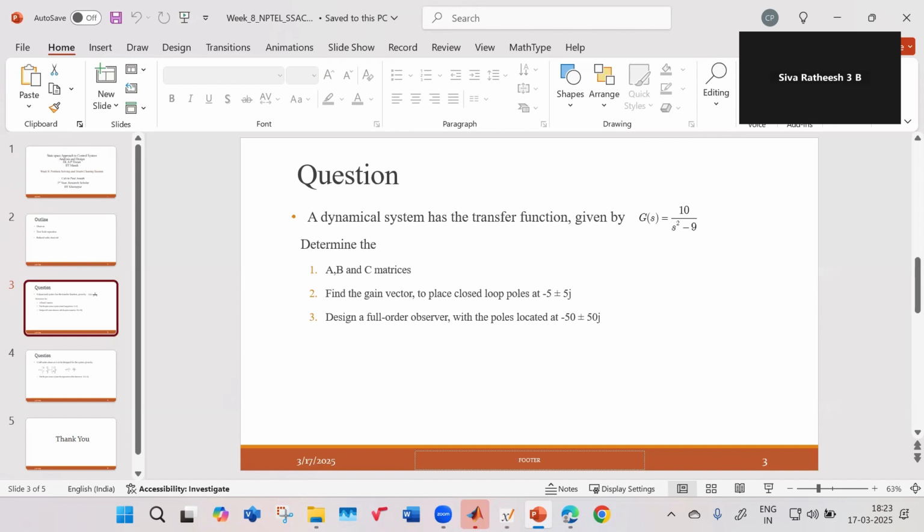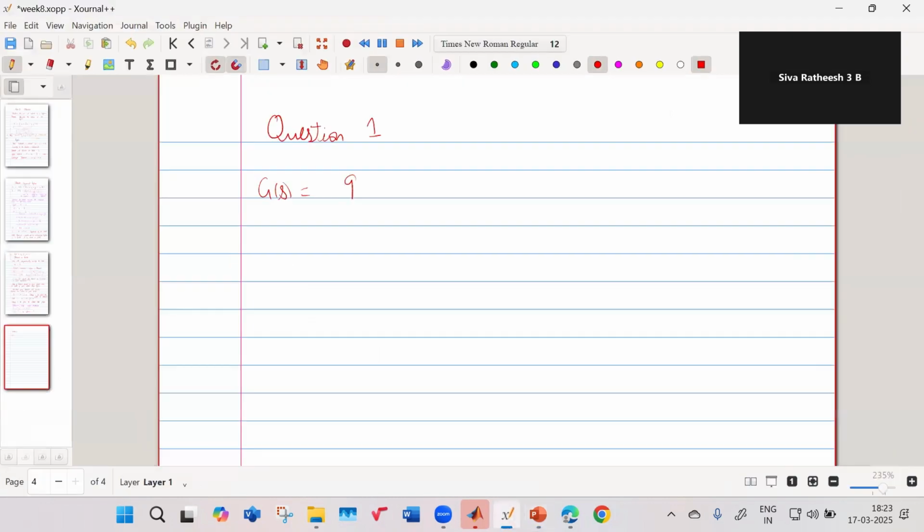Okay, so we have our system. This is question 1. It's given by g of s equal to 10 upon s square minus 9. So we have to first find the ABC matrices. So how do we do that?